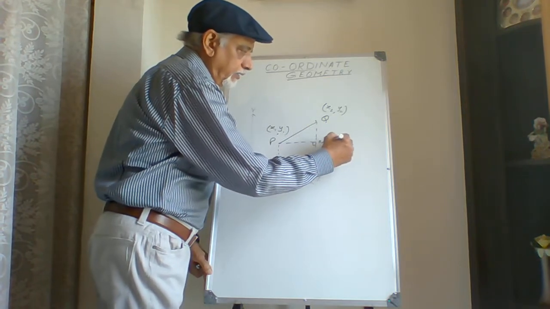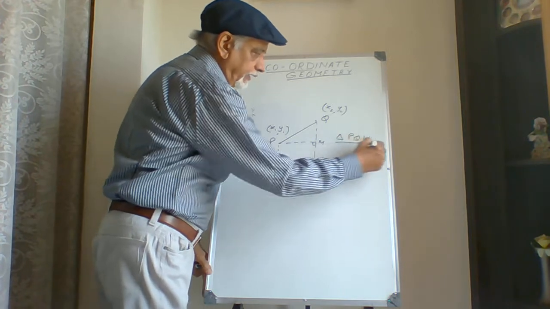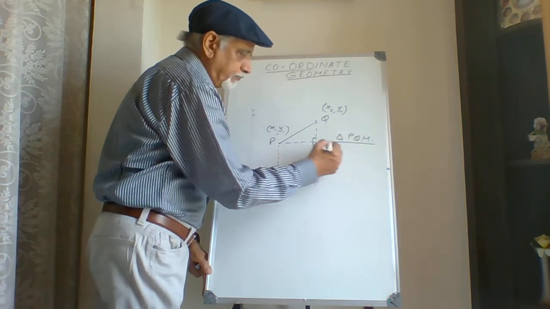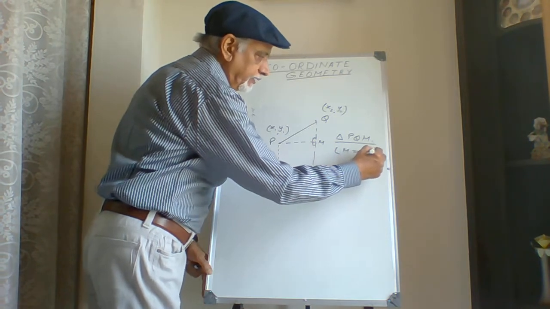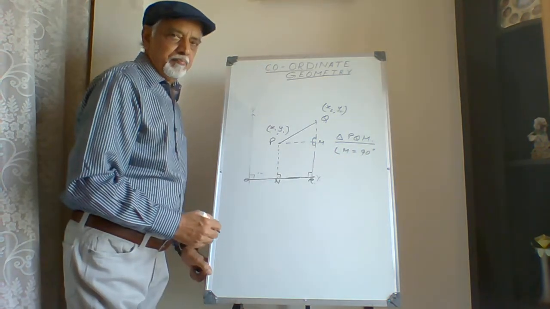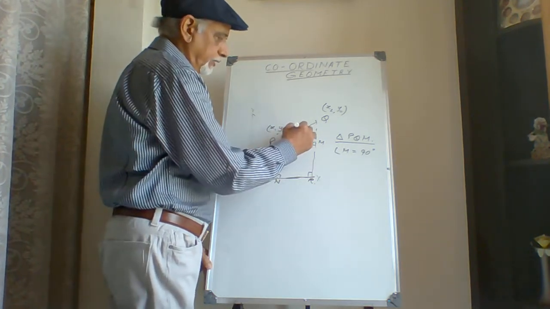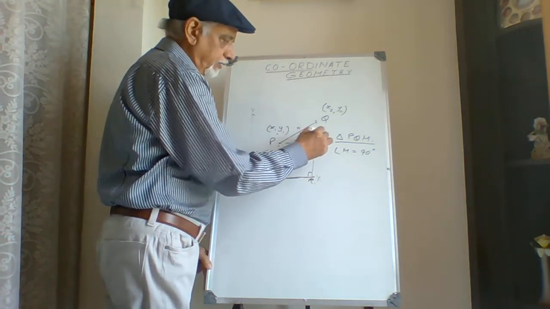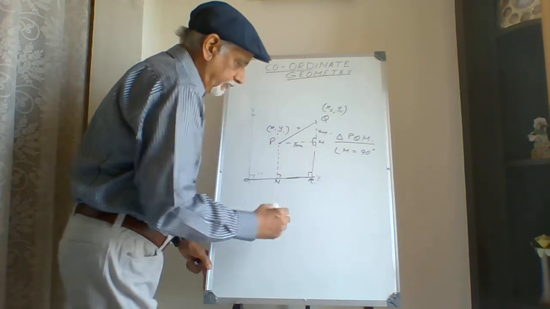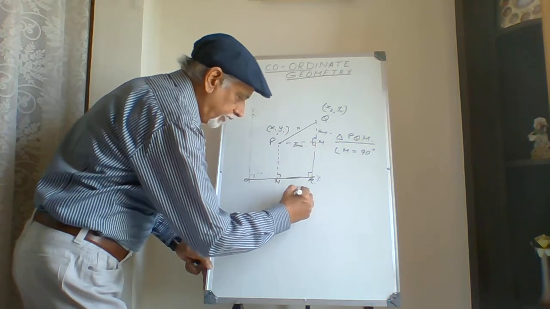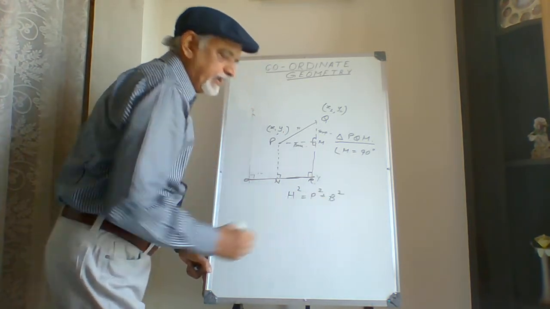Now the triangle PQM is a right angle triangle with a right angle at the point M. Angle M is 90 degrees. So by Pythagoras theorem, what we know in a right angle triangle, if this is the hypotenuse, this is the perpendicular, and this is the base, then the hypotenuse square is equal to perpendicular square plus base square.